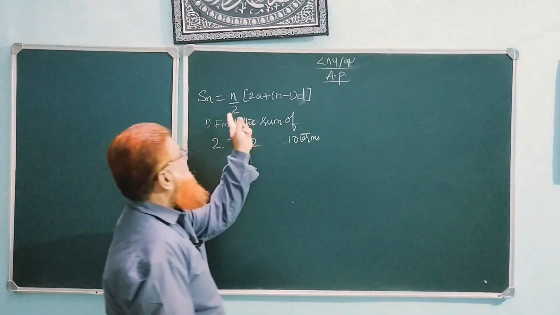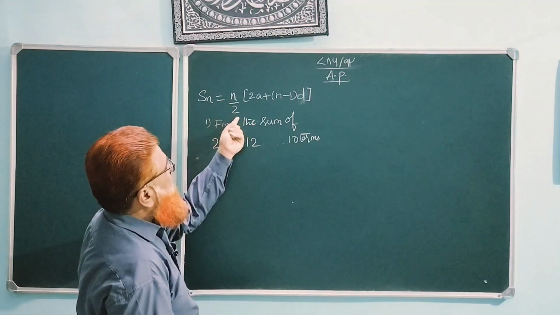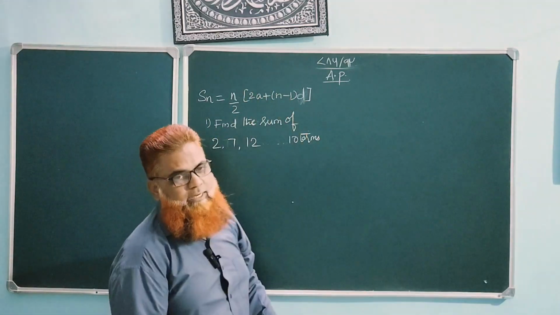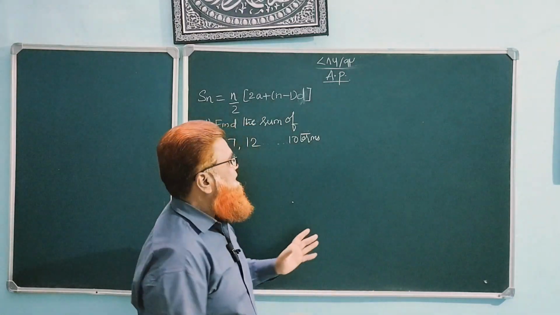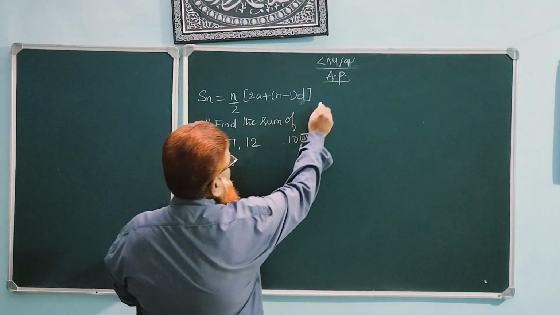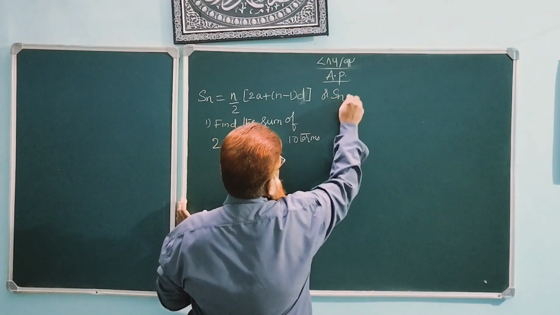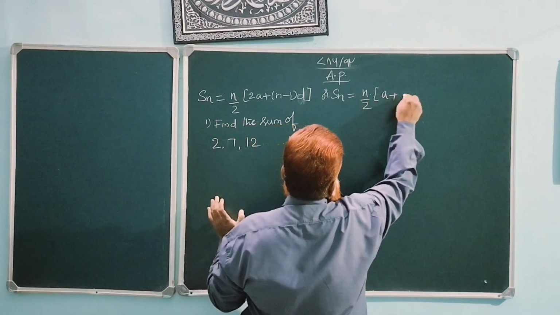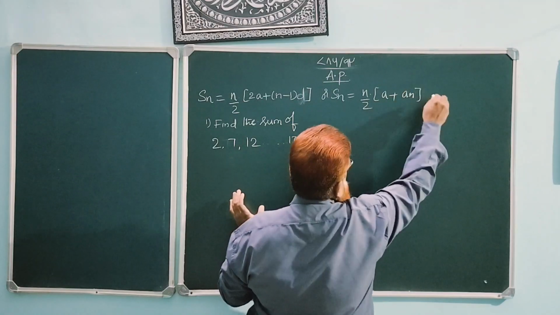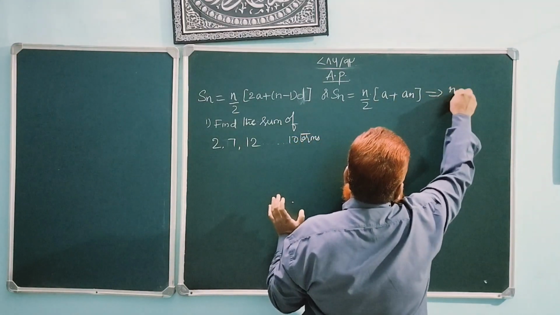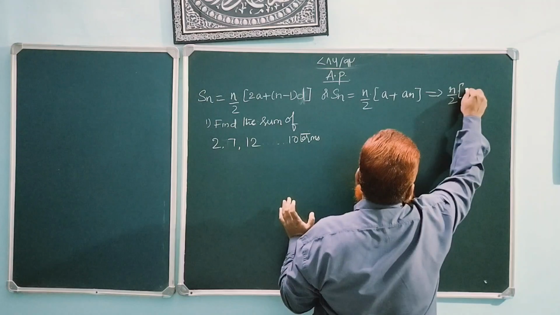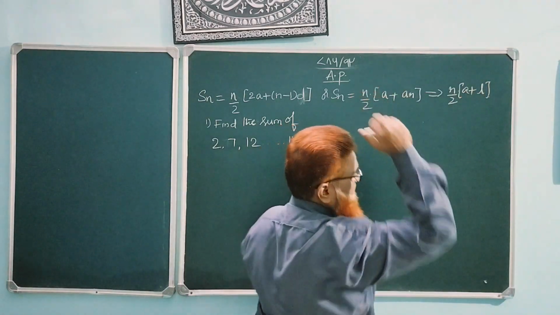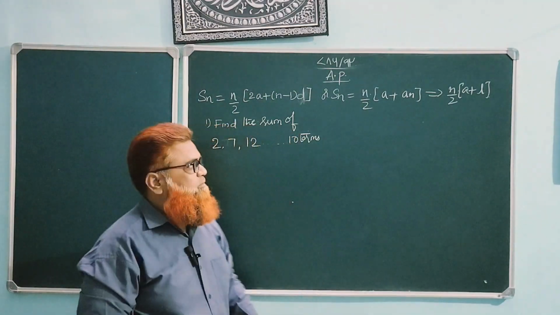Then Sn is equal to n by 2 into (2a plus (n minus 1) into d). This is the formula to find the sum to n terms, or it can also be written as Sn is equal to n by 2 into (a plus an), or Sn is equal to n by 2 into (a plus l), where a is the first term and l is the last term.